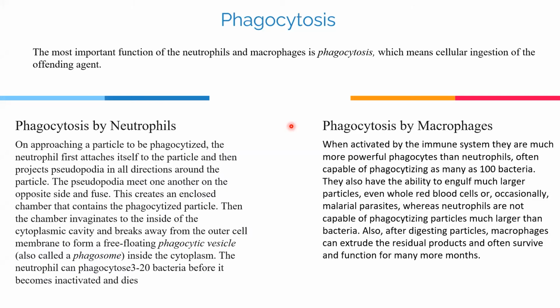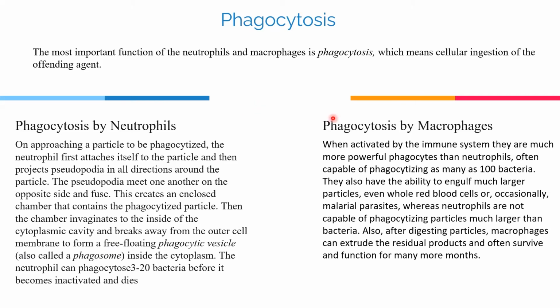This fusion allows all these cytotoxic enzymes to come in contact with the foreign particles and degrade and destroy them. This is generally how phagocytosis works. So this was phagocytosis by neutrophils.